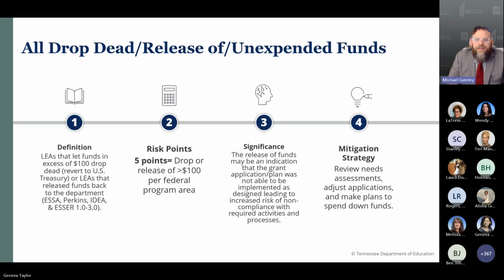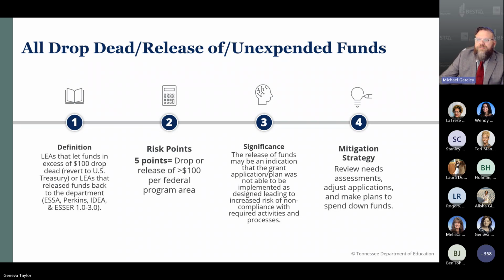Any LEA that lets funds in excess of $100 drop dead, or if any funds are reverted or released back to the department, there are going to be points associated with this. 5 points for drop or release of greater than $100 per federal program area. So that's for each federal program area.